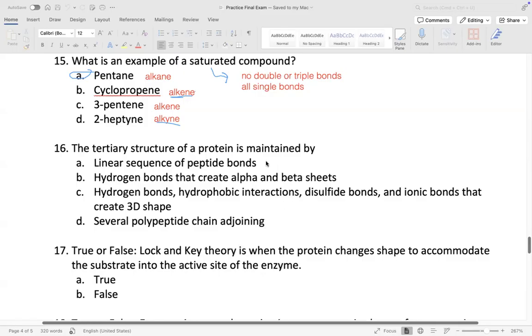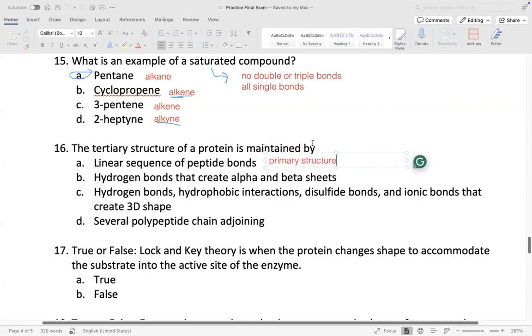Question 16 deals with protein folding. So the tertiary structure of a protein is maintained by A, B, C, or D. A, linear sequence of peptide bonds, does indicate a level of protein folding, only it's not the tertiary. Linear is the primary structure.